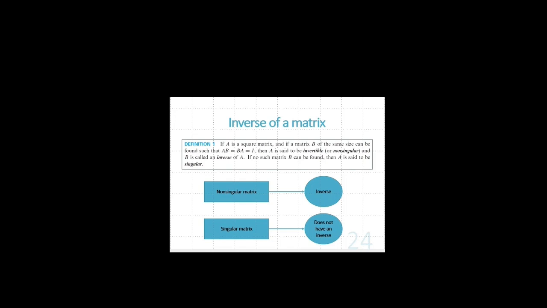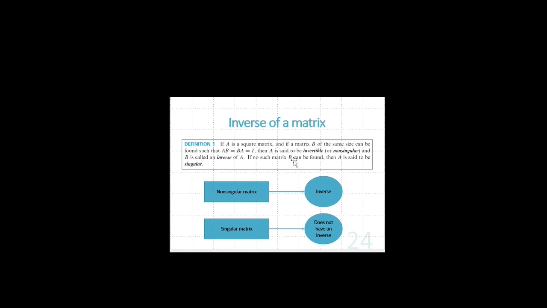A times B doesn't always equal B times A. But here, if the product AB equals the product BA, and it equals your identity matrix, then A is said to be invertible. It's also called non-singular, and B is going to be the inverse of A.